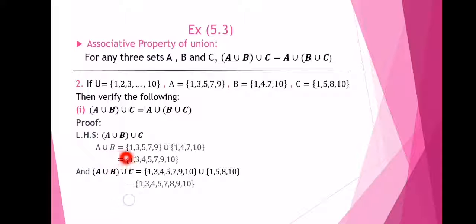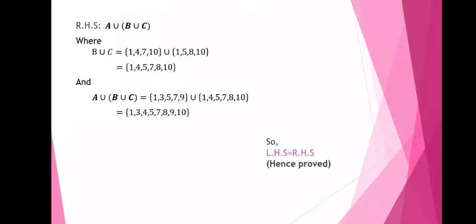So A union B is equal to {1, 3, 5, 7, 9} union {1, 4, 7, 10}. It would be {1, 3, 4, 5, 7, 9, 10}. With its answer we are going to find the union with C, that is {1, 5, 8, 10}. It will be equal to {1, 3, 4, 5, 7, 8, 9, 10}.